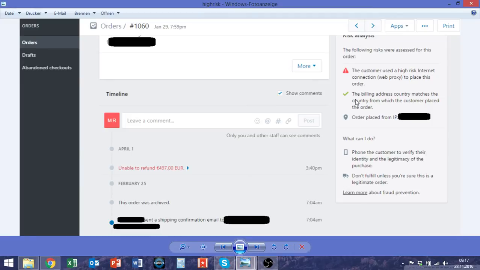Shopify, of course, it's nice that they have this risk analysis system, but in most of the cases, it's just a little too careful. So like I said, I never had a problem with risk orders, and most of my clients didn't have a problem as well. Once one of my clients had a really, really high risk order.